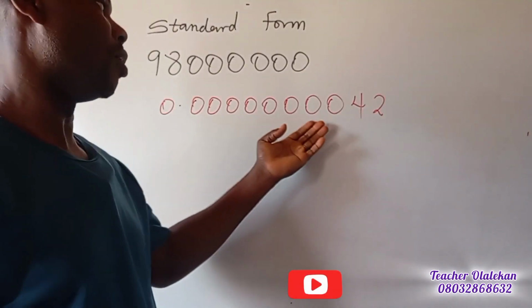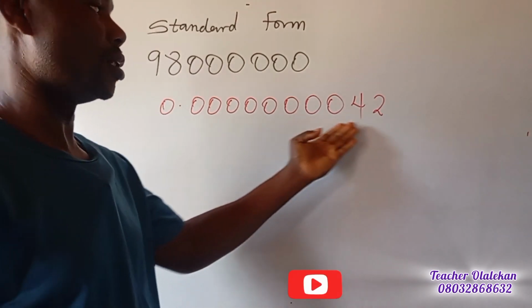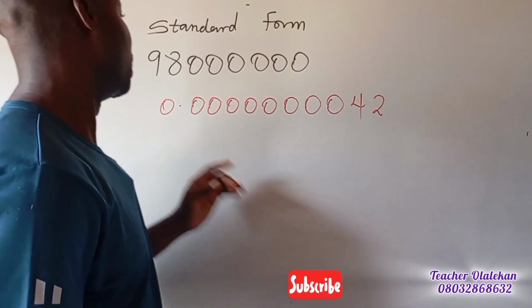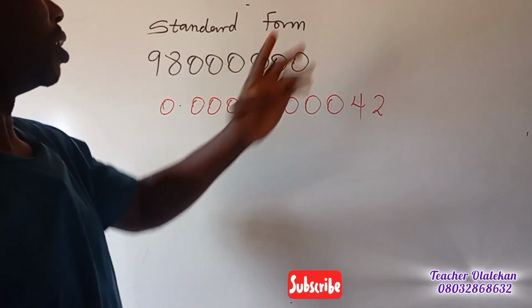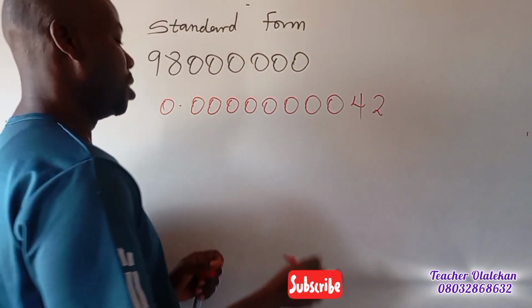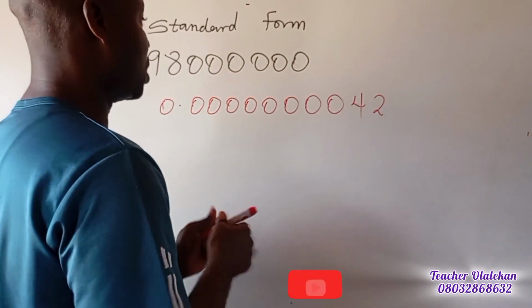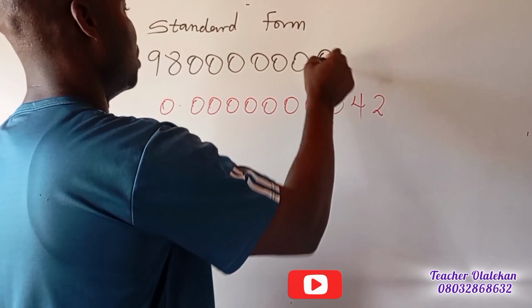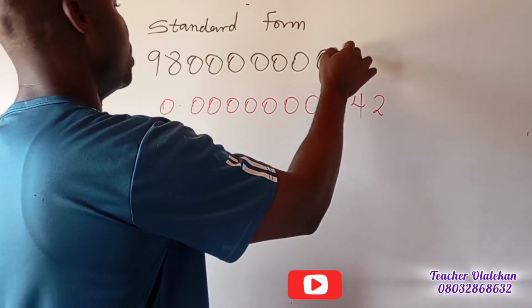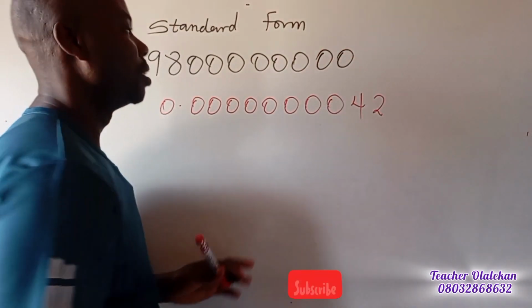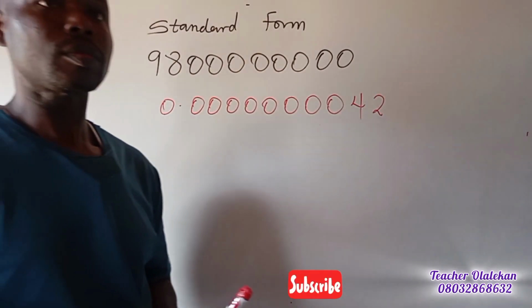That is very small because the more the zeros, the smaller it becomes. But for the big figure, the more the zeros, the bigger it becomes. You may also add more zeros to this, like having 80 million or 9,800,000,000 or something like that.